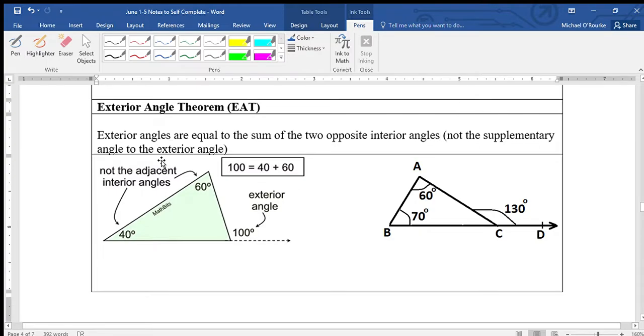So not the supplementary angle, but the two other ones. In this case, this angle plus this angle equals this angle.